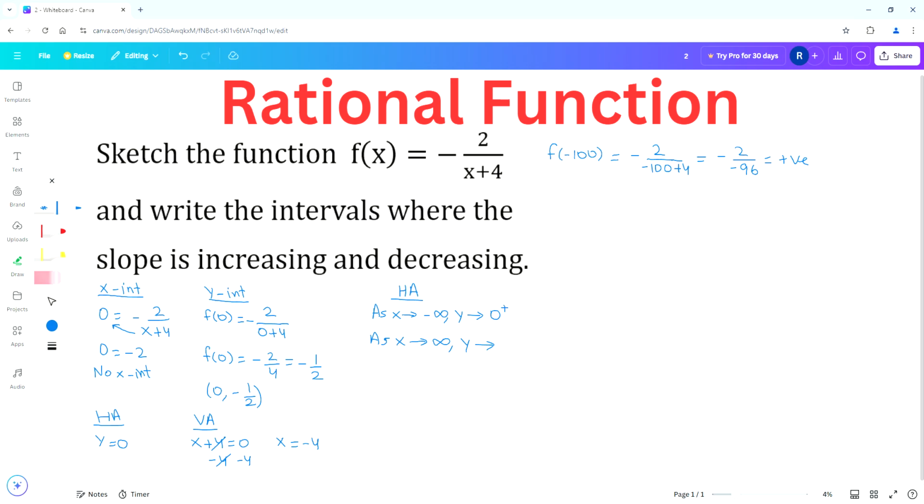Next, we can do the test on the right side of the x-axis. We should sub in x as a big positive number. We can use x equals 100.